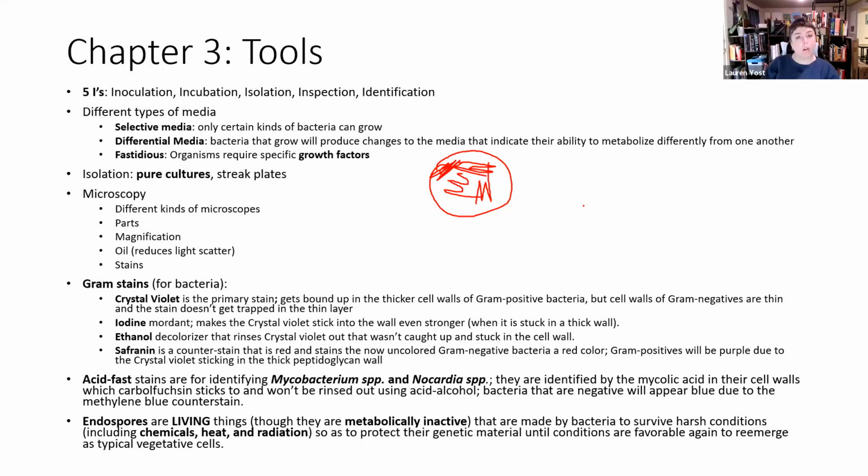Because it says it on it. So if you have a 10x eyepiece and a 4x objective lens, then you multiply them to get the value of magnification overall. So now we have a 40x magnification. So we have magnified something 40 times its usual size. That's what we're looking at through there.